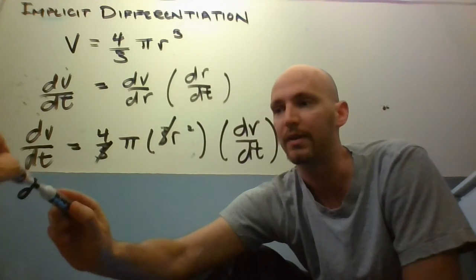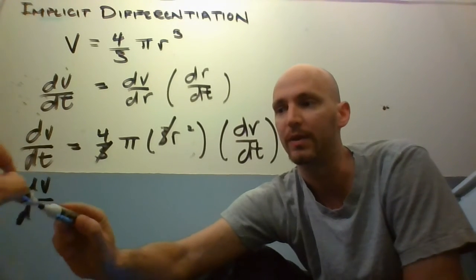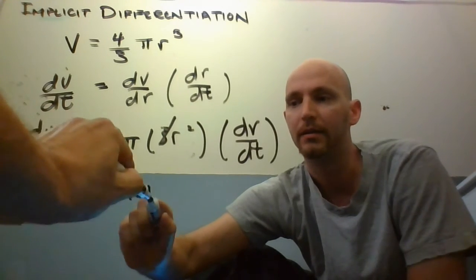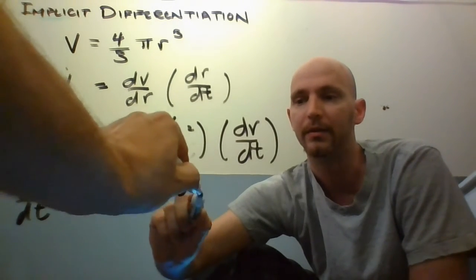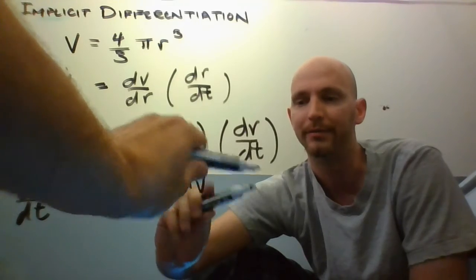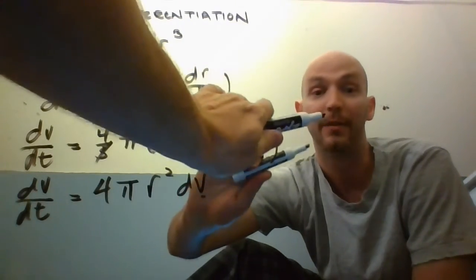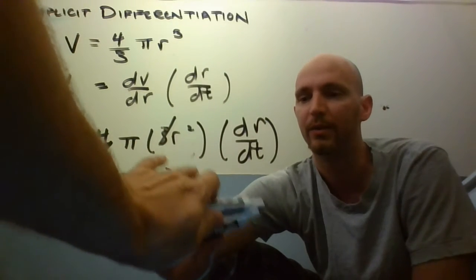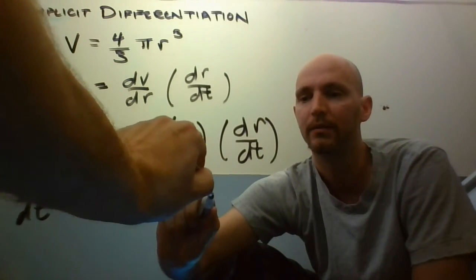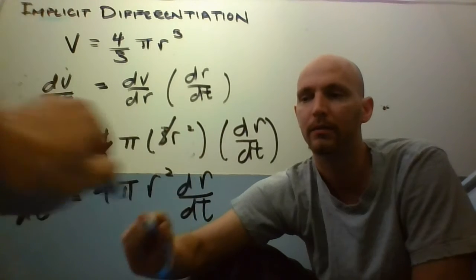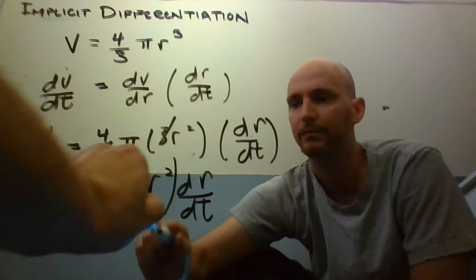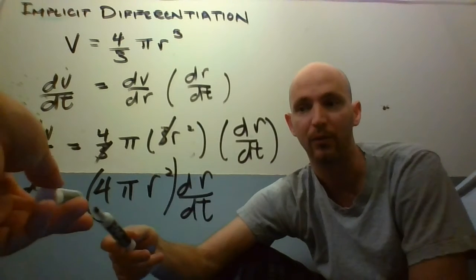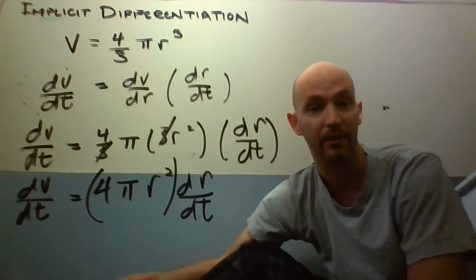So I'm left with the change in volume over time is 4 pi r squared. Forgive my handwriting. That's an r, and so too is this. So you have dV dt being 4 pi r squared times dr dt.